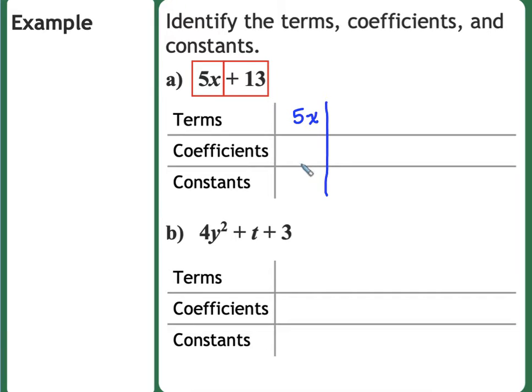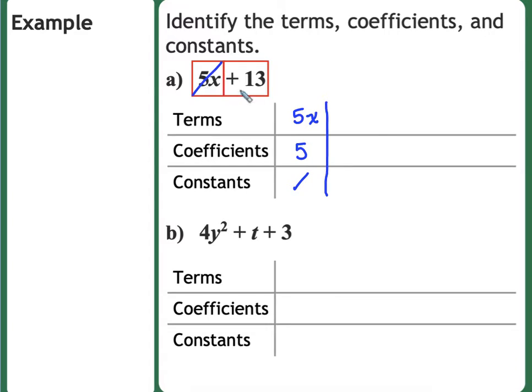Now each term is going to either have a coefficient or it's going to be a constant. You will never have both for any one term. Alright, so we do have a variable, so that means we have a coefficient. The coefficient is the factor with the variable, and that tells us how many x's we have. We have 5 x's. And since we do have a variable, it is not a constant, so I just put a line in that spot.